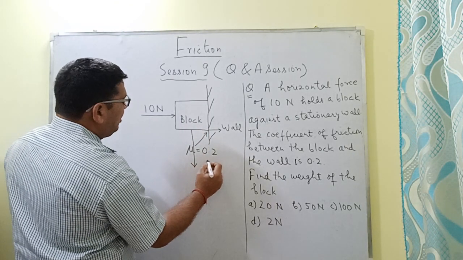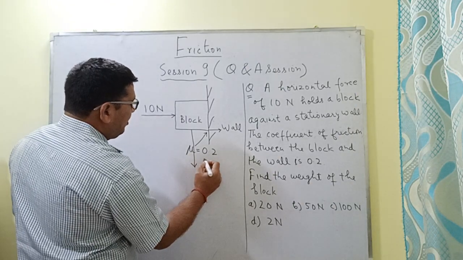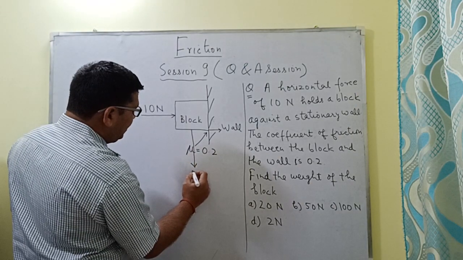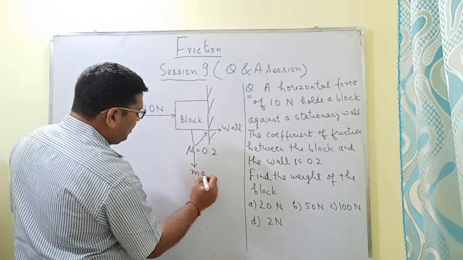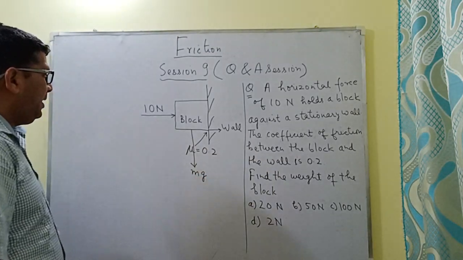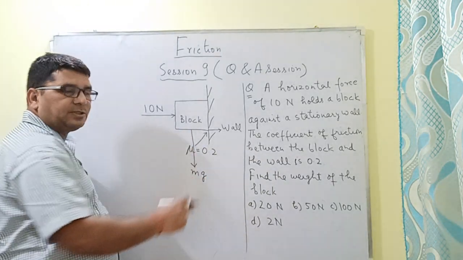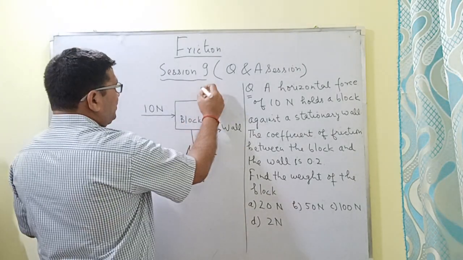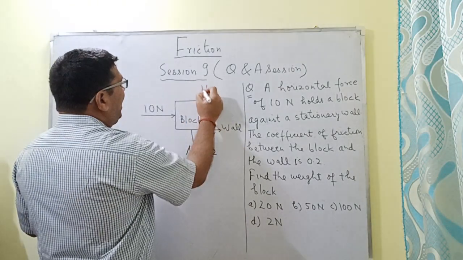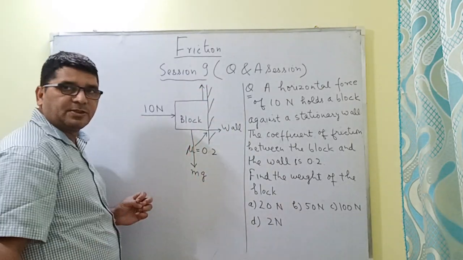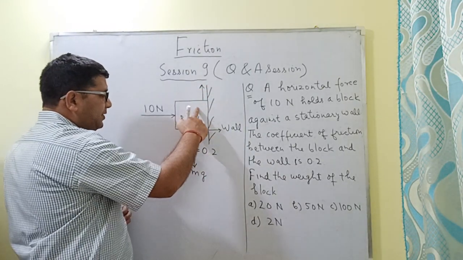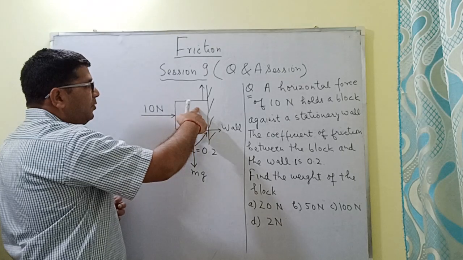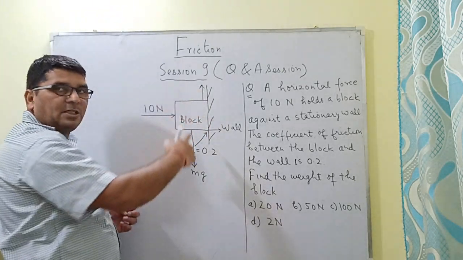Let us say the weight is equal to m into g, and this block will be held stationary by the frictional force, which will be acting in the upward direction.